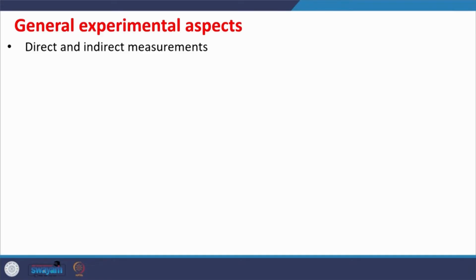So, what are the general experimental aspects of nuclear astrophysics? We can divide the nuclear reactions relevant for nuclear astrophysics into two types of measurements. Number one, direct measurement. Number two, indirect measurement. What do we mean by direct measurement?